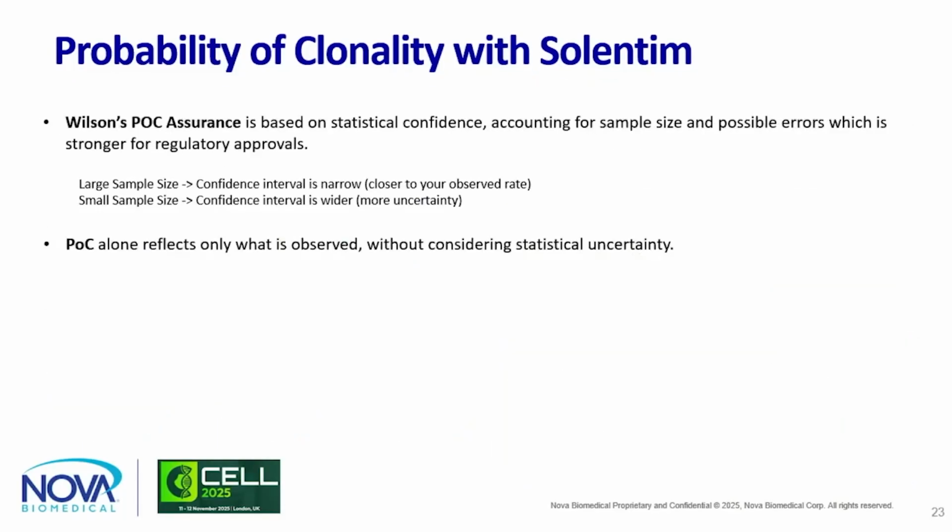So just to give you a little bit of background about what Wilson's probability of clonality assurance is, if you're not too familiar. Basically, this measurement is important because it's based on statistical confidence and it considers the sample size and potential errors, for example if you miss a single cell in a well.